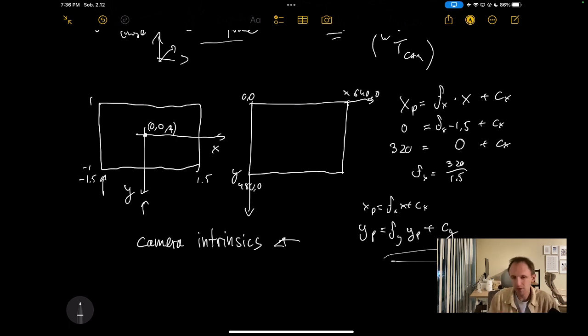Sometimes aberration of the lens and so on is also captured in camera intrinsics. We're just not going to worry about it. Camera intrinsics are different from extrinsics. Extrinsics is pretty much where the camera is mounted, stuff that's external to the camera.